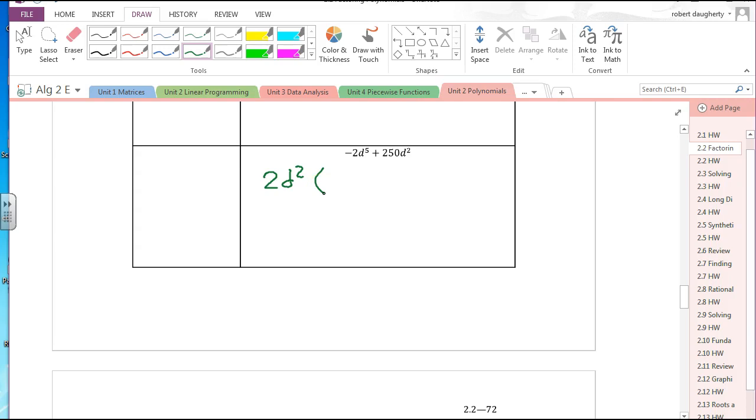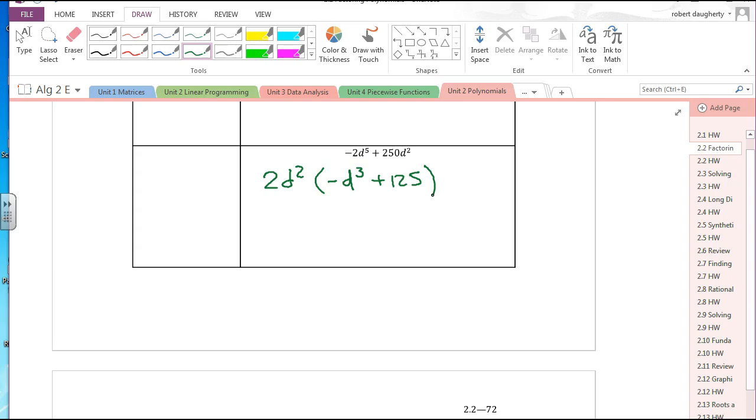What do I multiply 2d squared by to get a negative 2d to the 5th? Negative d cubed. Okay. What do I multiply 2d squared by to get 250d squared? 125. Okay, so I've factored out the 2d squared. What do I have left inside that parentheses?